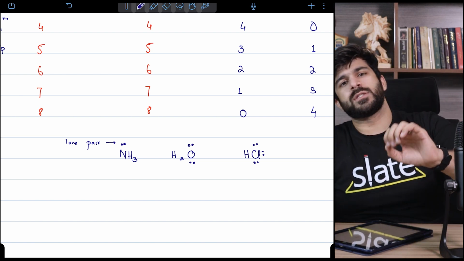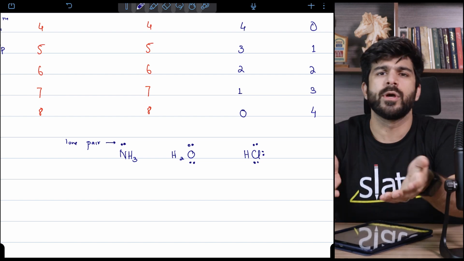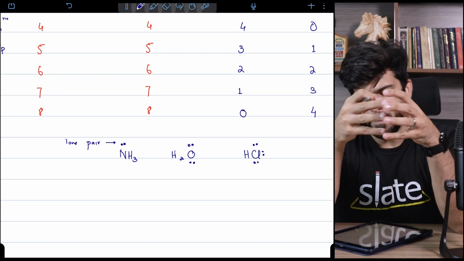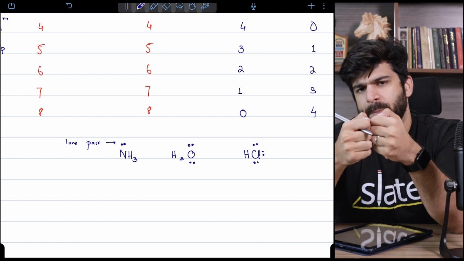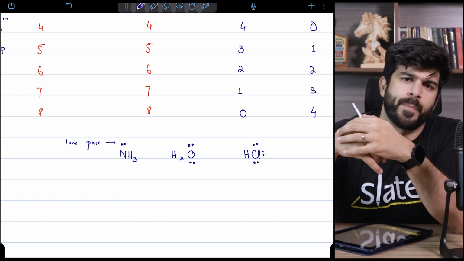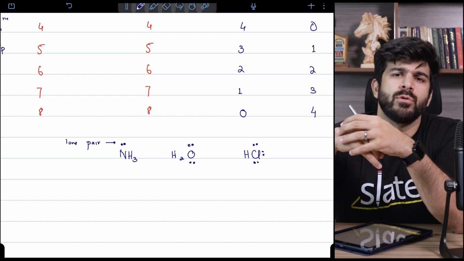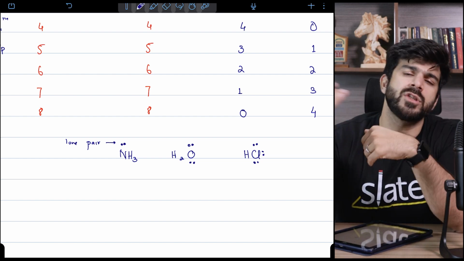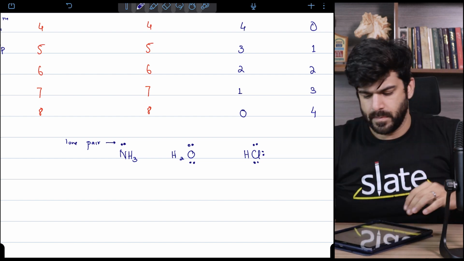So from now onwards, now that you know of lone pairs, you cannot skip lone pairs, because lone pairs do participate in a lot of bonding questions. You're asked to make the lone pairs, you're asked to make the curly arrows, you're asked to show the transfer of electrons.